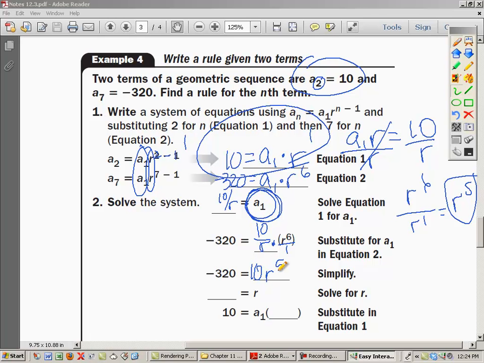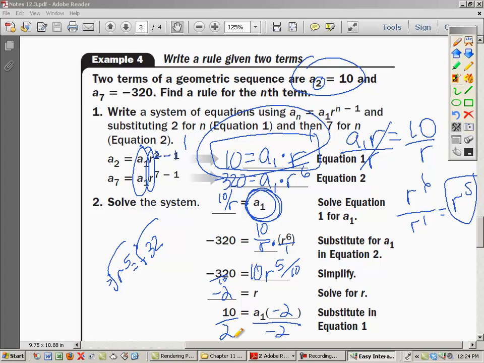Now, to solve for r, we have to divide both sides by 10. All right? And so I get r to the 5th power is equal to negative 32. Now I take the 5th root of both sides, and I get r is equal to negative 2. Once I know r is negative 2, I'm going to go ahead and plug it back into this first equation. So I get 10 equals a sub 1 times r to the first power, which is negative 2. Divide both sides by negative 2, and you get a sub 1 is equal to negative 5.